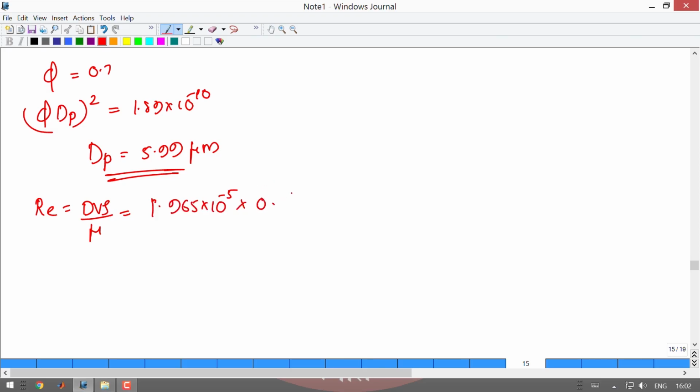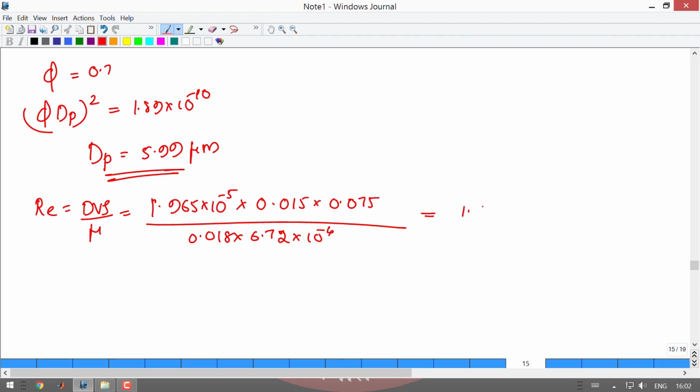In the question it is given both in SI unit and FPS unit, so we can use whatever we want. After substituting all these you will get Reynolds number equal to 1.8 into 10 raised to minus 3, which is less than 1. So, we can use the above equation which we used initially. Our assumption is correct, so we can say that the size of the particle which we got is correct.